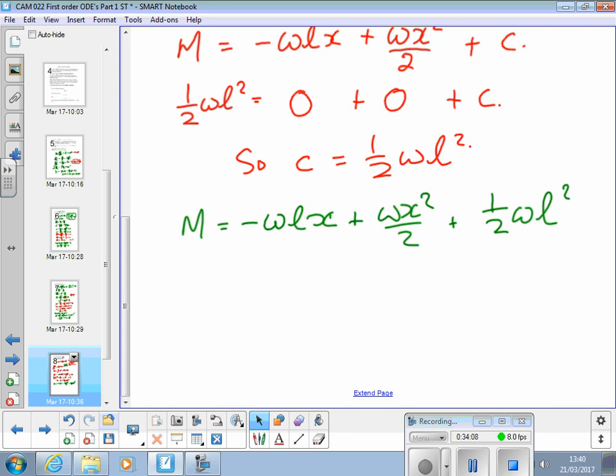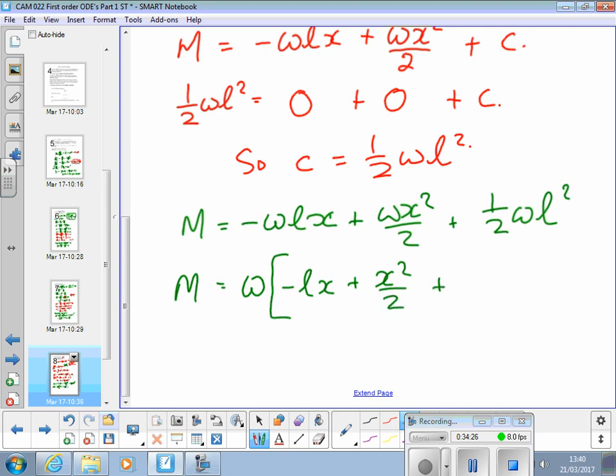Factor of omega out. Yeah, we could do that, let's try. So M is equal to omega brackets minus Lx plus x squared over 2 plus L squared over 2. Agreed?